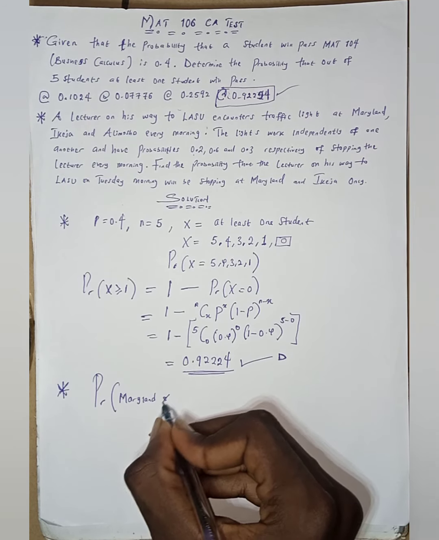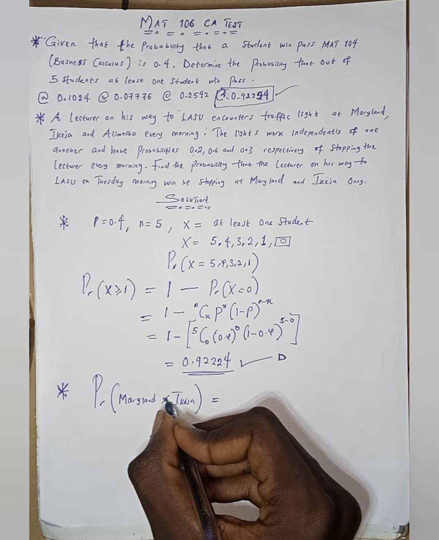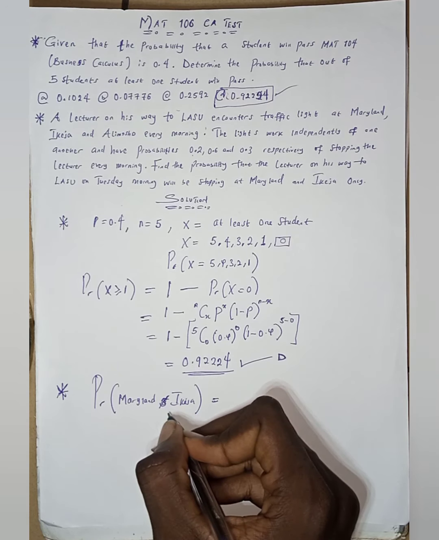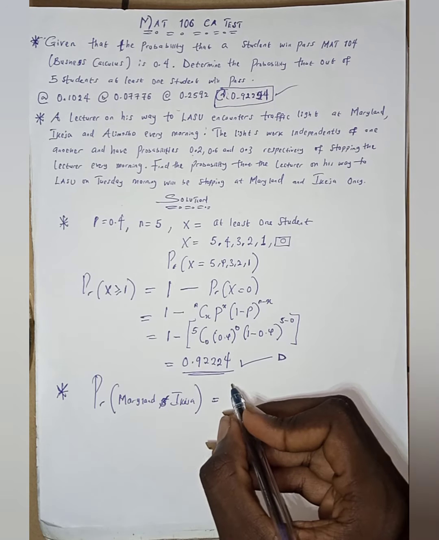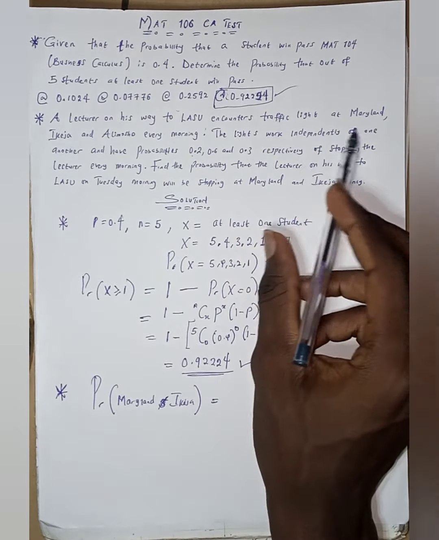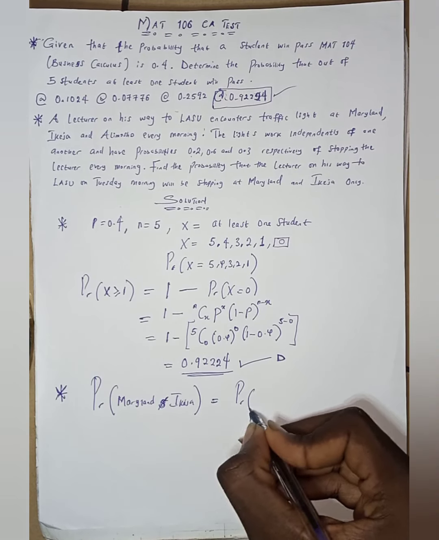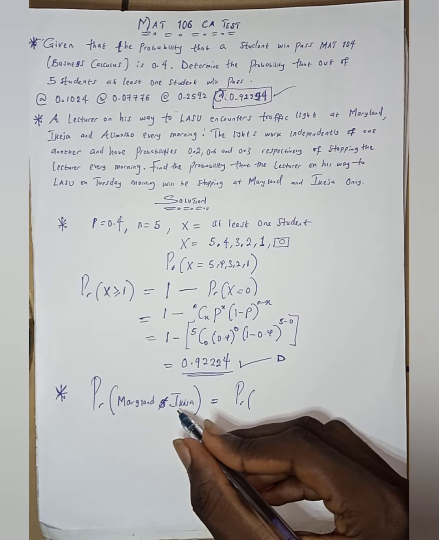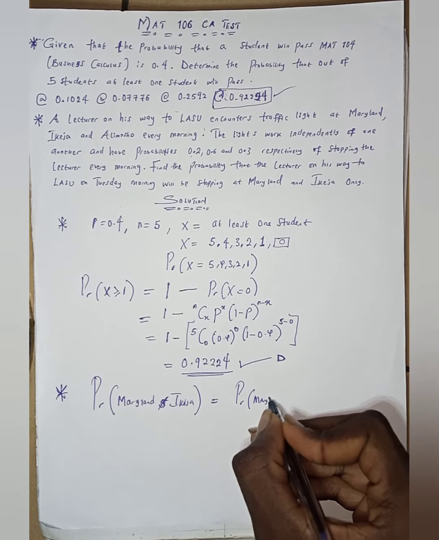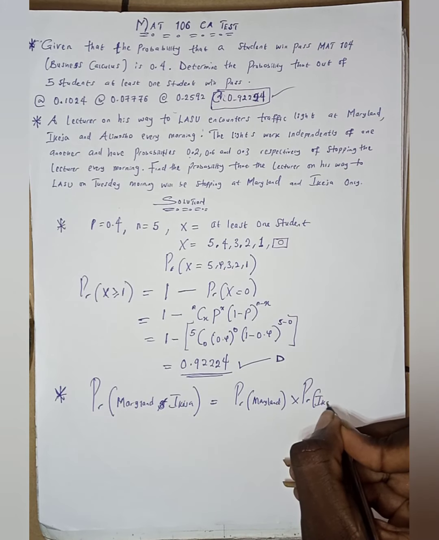We all know that in probability, when you see the word and, you go ahead and use the multiplication sign. In this case, they said that the lights work independently. So the probability of having Maryland and Ikeja should be the probability of Maryland times the probability of Ikeja.